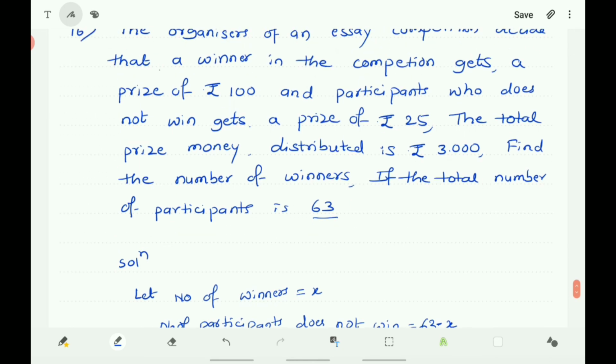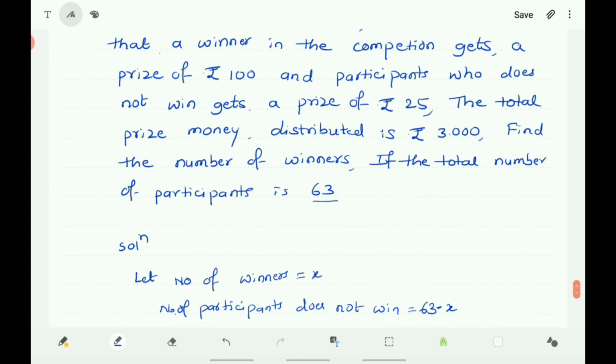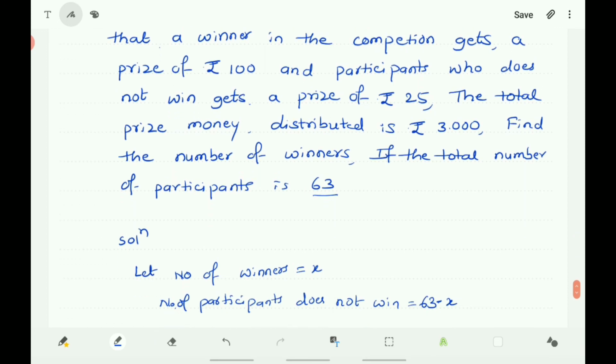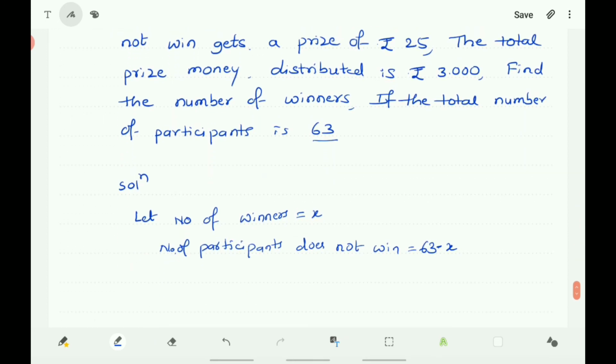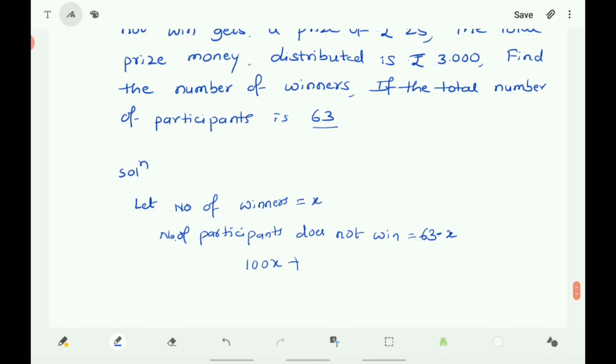And the total prize money distributed is rupees 3000. You know that the winner gets rupees 100. So if x is the number of winners, the total amount given to the winners is 100x, plus the total amount given to the participants who do not win, that is 25 into 63 minus x.